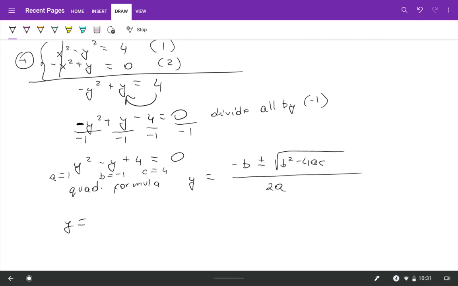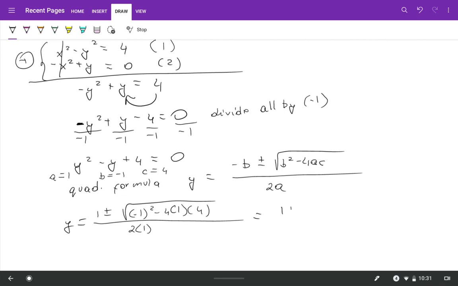So we have negative b, which will be 1, plus or minus the square root of b squared, which is negative 1 squared, minus 4 times 1 times 4, and everything divided by 2 times a.